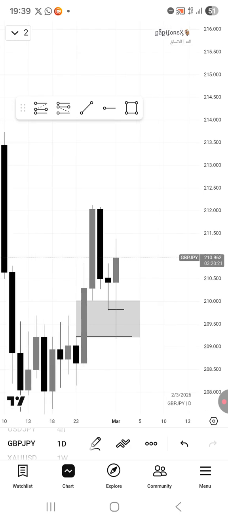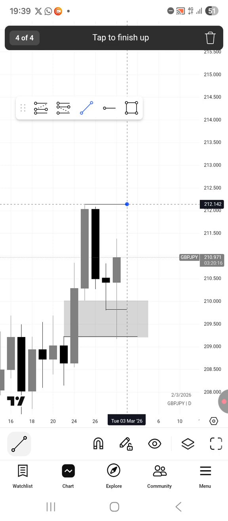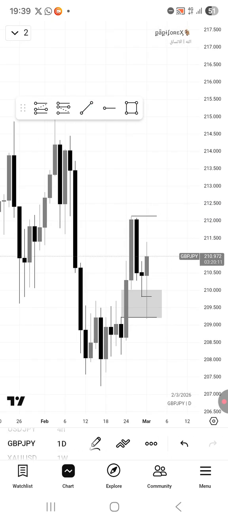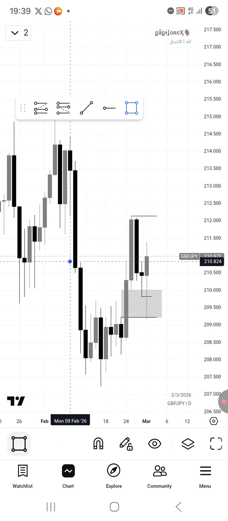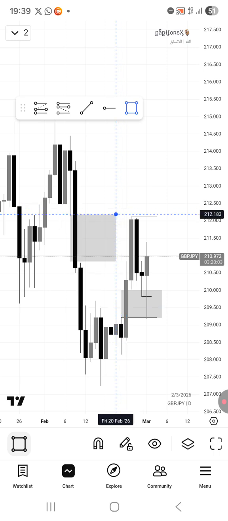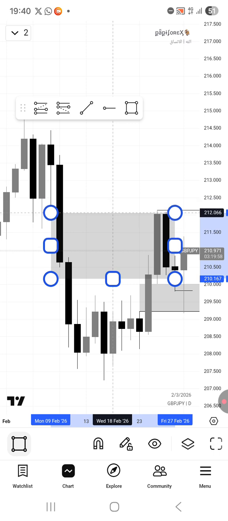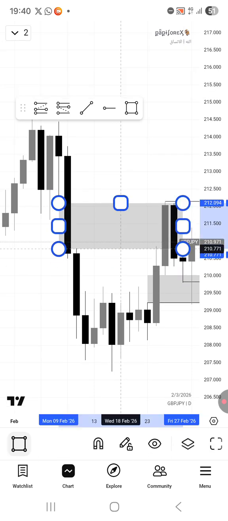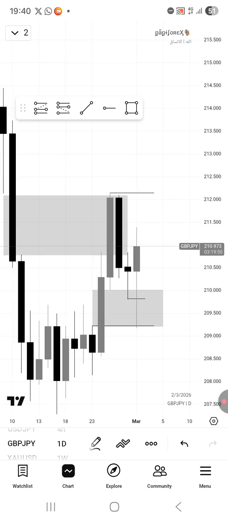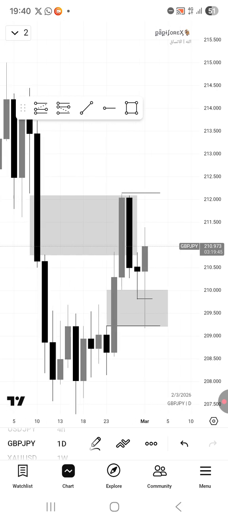So what would be our draw on liquidity for GJ? Our draw on liquidity will be at this high here. And for the sake of people that did not know, you can also see a bearish fair value gap here. But the reason we are not concerned about this area is that price is not reacting at it. Instead, it's giving a continuation reaction.